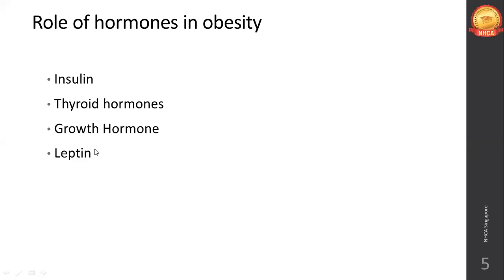See, leptin hormone is not secreted by any of your glands. It's secreted by your intestine, especially the adipose tissue, adipose cells that are present in your intestines.